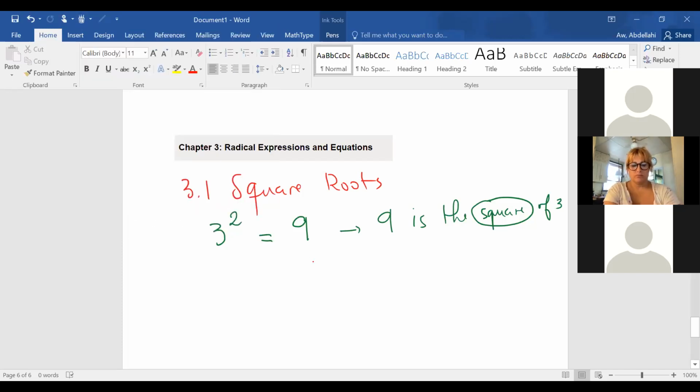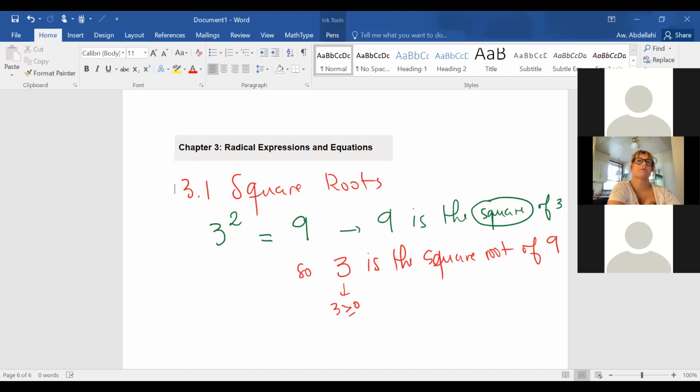The square root tells you 3 is the square root of 9. 3 is the principal square root of 9. And the 3 has to be positive, of course. That is the definition of square root.